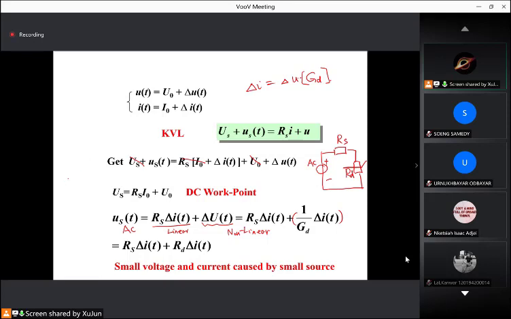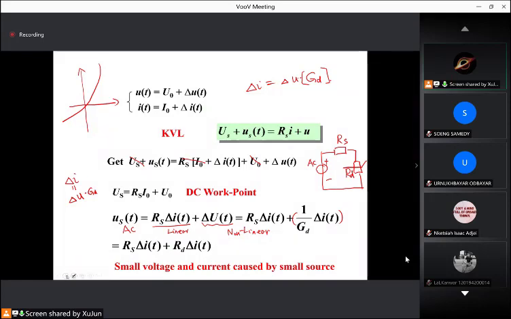The premise is that the AC source is very small. That means delta I and delta U are very small. Because they are very small, they will be similar to a linear component. Or we can see this problem in the curve. This curve means the VCR function of the nonlinear resistance.